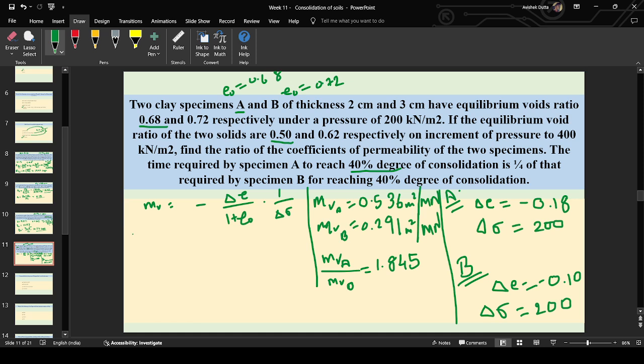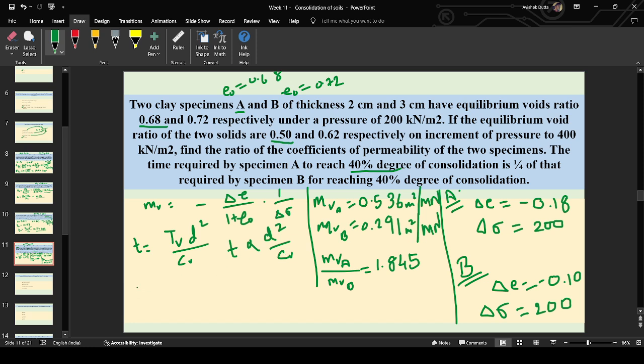So in this equation, time for consolidation t equals Tv d square by Cv, Tv is the same for both because of the same degree of consolidation. So now this t will vary according to d square by Cv.